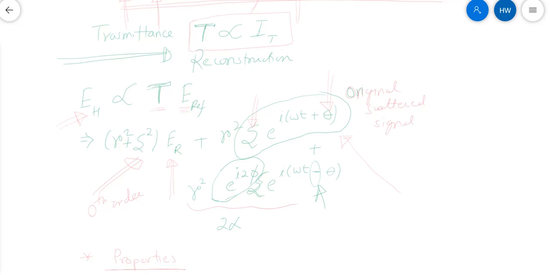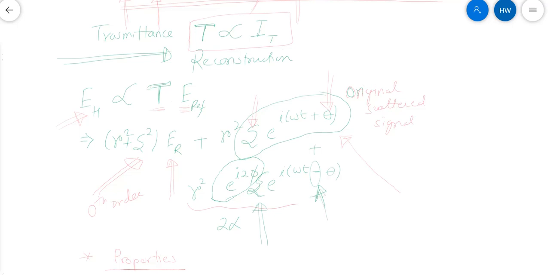So let us look at this third term, which is interesting. You have R square, which again is the uniform illumination, which you don't worry about. You have again the same amplitude S, and an exponential i omega t. And you see that strangely now the phase has a reversed sign.